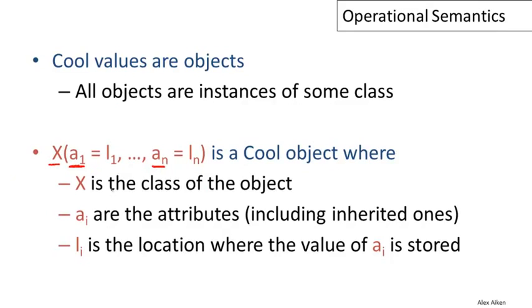In this case, the class X has n attributes, A1 through AN, and associated with each attribute will be the memory location where that attribute is stored. So attribute A1 is stored at location L1 up through attribute AN, which is stored at location LN. And this will be a complete description of the object, because once we know where in memory the object is stored, we can use the store to look up the value of each of those attributes.